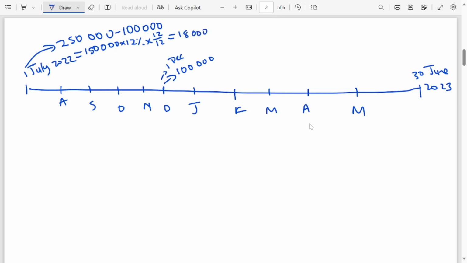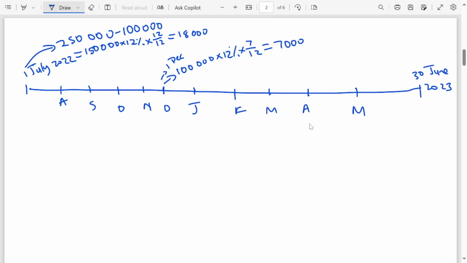Right? Then the one that was increased on the 1st of December, it stayed from December 1, 2, 3, 4, 5, 6, 7. So times 7 over 12, times 7 divided by 12, that is 7,000.